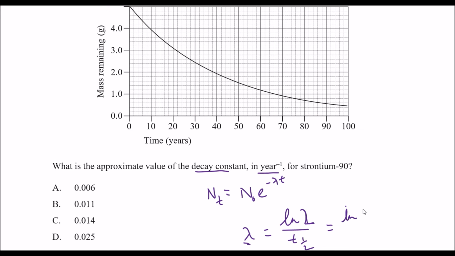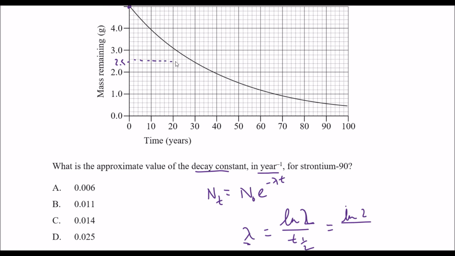So this is log 2, you can just put that in your calculator, divided by T half. T half is the time taken for the decay of one half-life. Half-life is how long it takes for the initial 5 grams to decay to half of 5, which is 2.5.